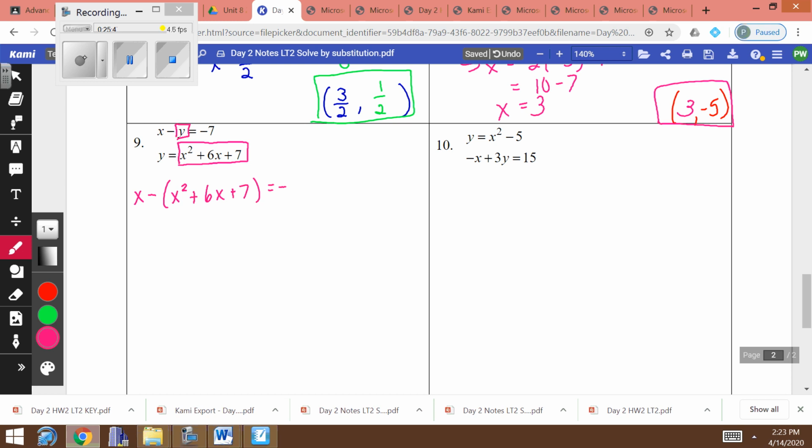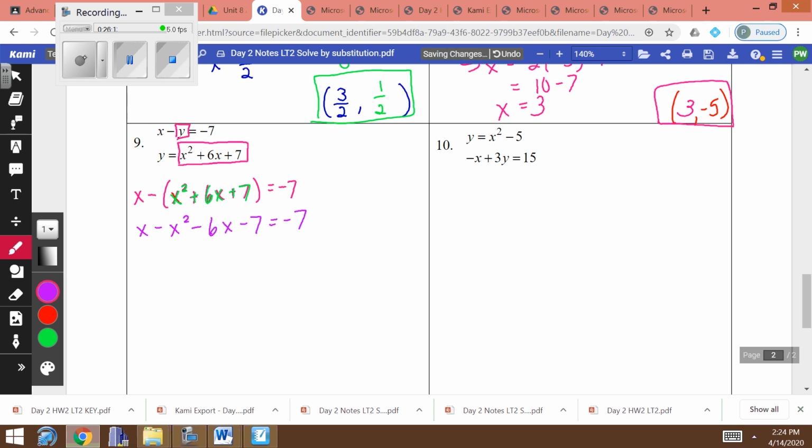So notice I'm taking that entire quadratic and substituting it in. Let me show it a little bit different color here. So this entire thing is substituting wherever there's a y. Really be careful in this particular one that if it's x minus that y, you want to make sure you distribute that. So we get minus x squared minus 6x minus 7 is equal to negative 7 here.